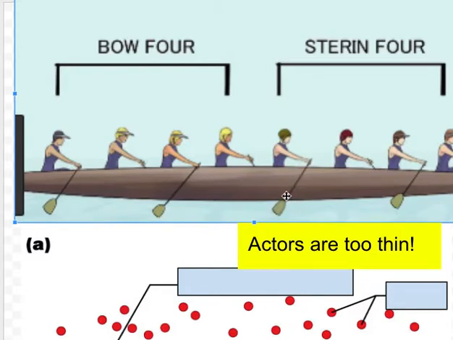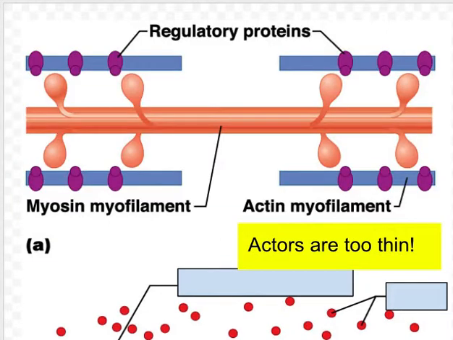In this case, the myosin is like the oar, or the blade of the oar, and it's got to move. Once that movement happens, you're going to get movement of the muscle cell itself. Let's stick with this for now, and I'll come back to the rowing action. I just wanted to plant that seed in your head.